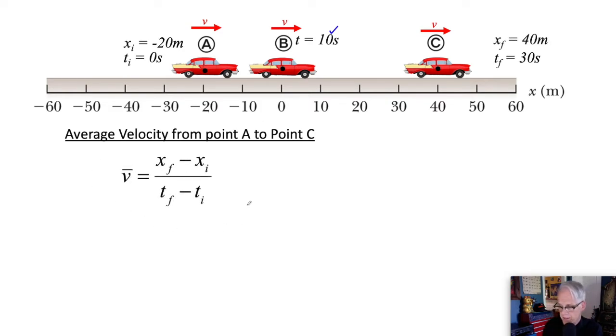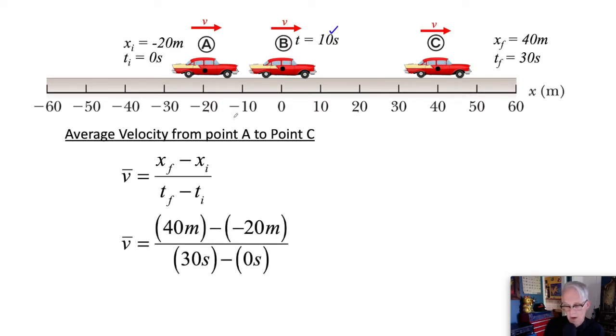Here's our equation for average velocity. We're going to do what we'll call plug and chug. We have our final position, and then our initial position.